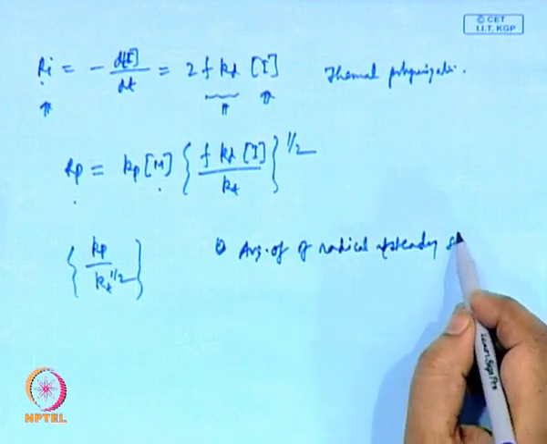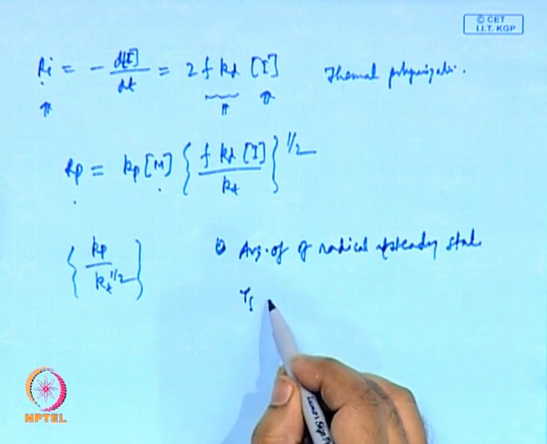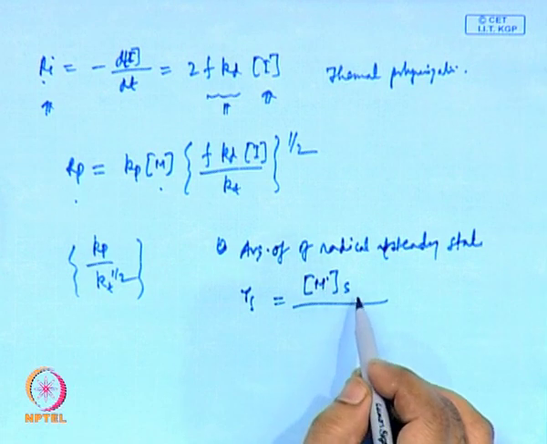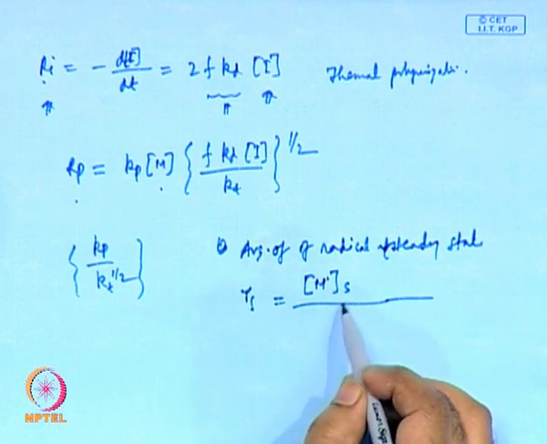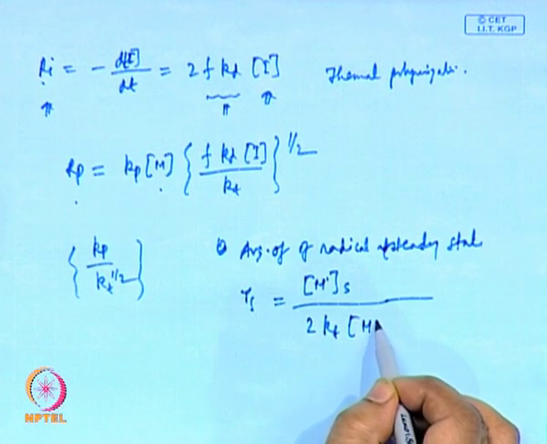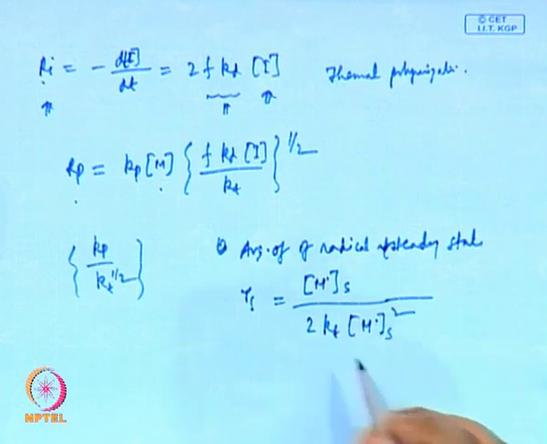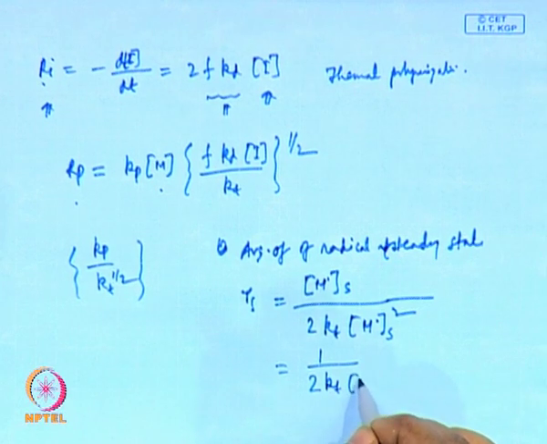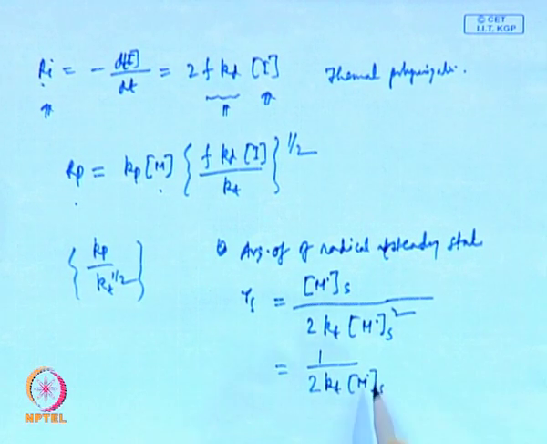At steady state, tau s is the concentration of total radical species at steady state divided by the rate of termination, that is, M dot by 2 Kt M dot squared, or 1 by 2 Kt M dot. Now, we can put the value of Rp here.